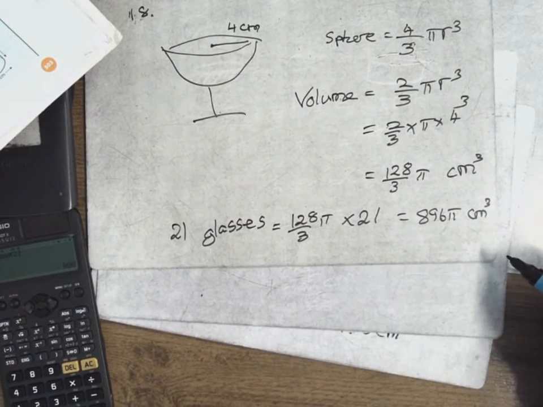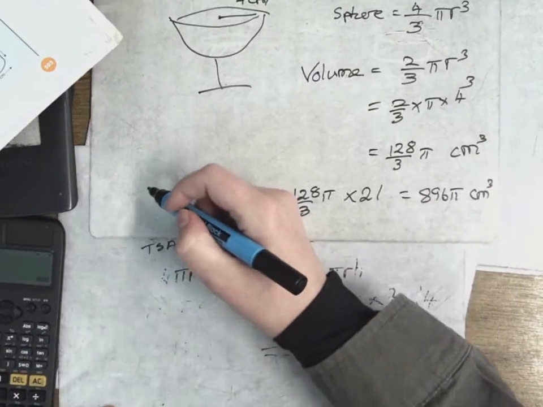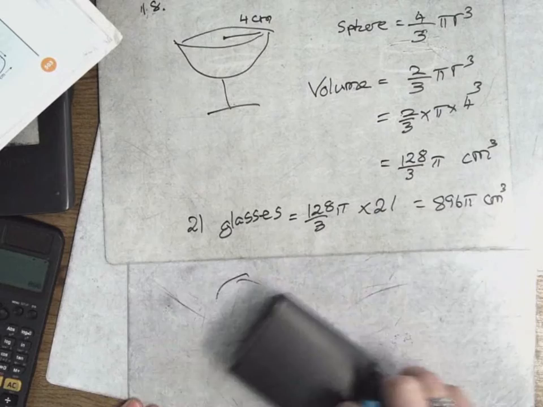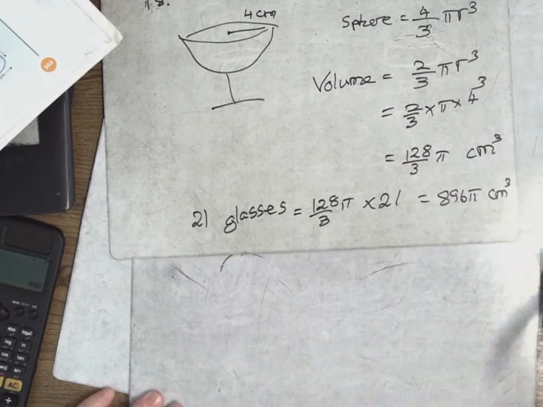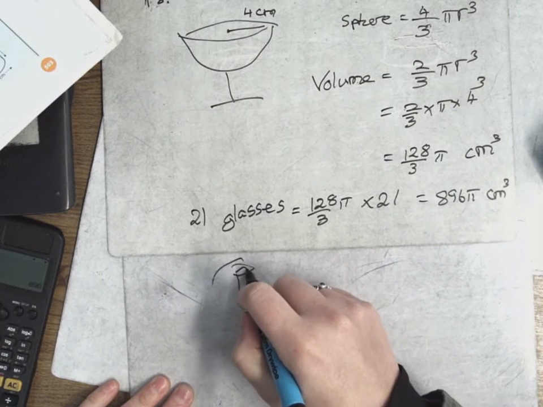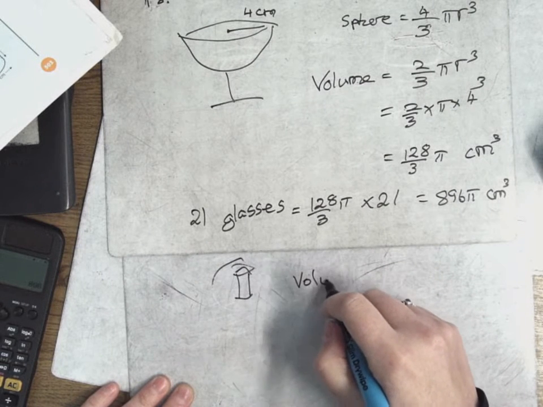They tell you a full cylinder of wine can fill 21 of these wine glasses. That means the volume of the cylinder full of wine is the same as the volume of 21 glasses.